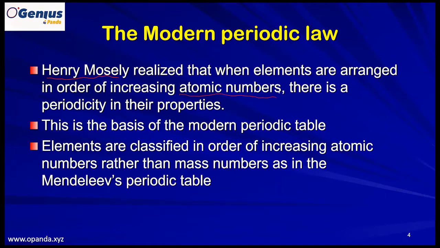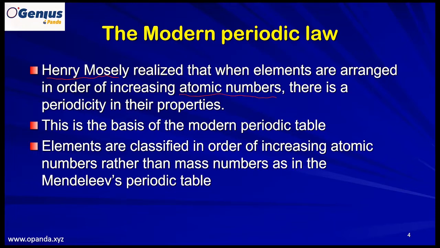So originally, elements were classified according to increasing mass numbers. But today, we use the classification which is based on increasing atomic numbers. And that was a suggestion of Henry Moseley. And that is the basis of the modern periodic law.